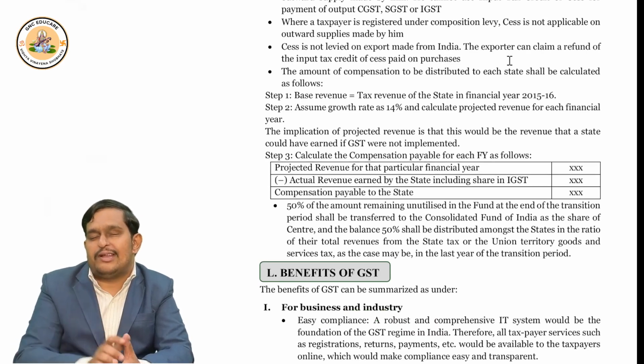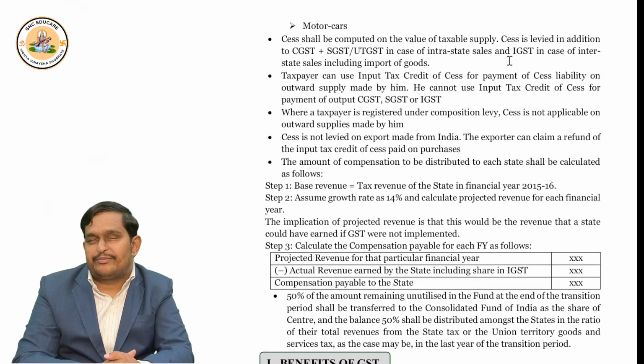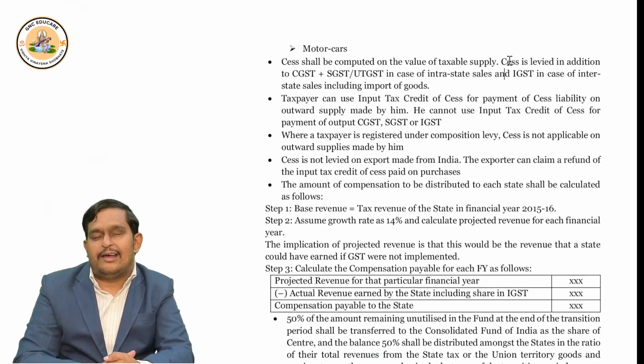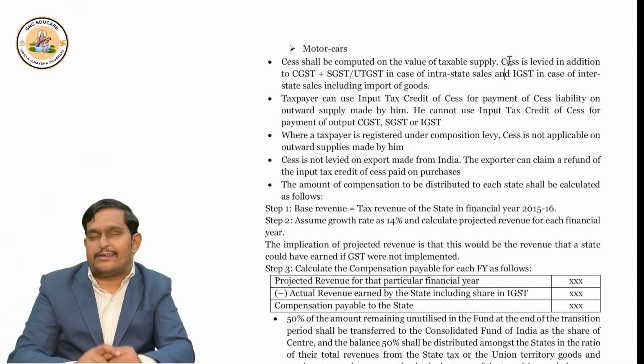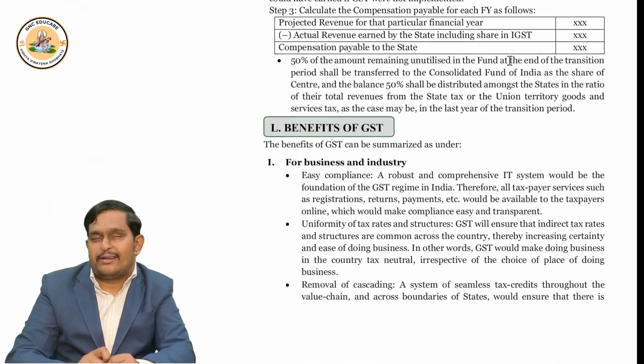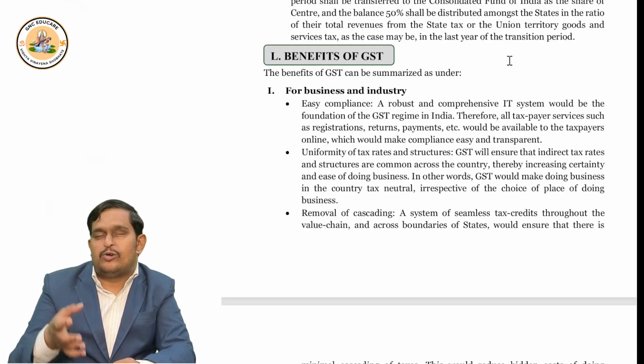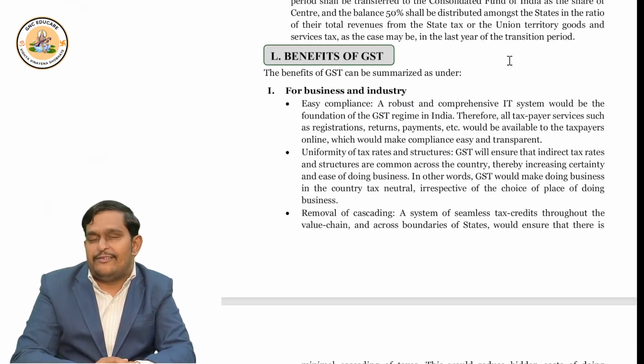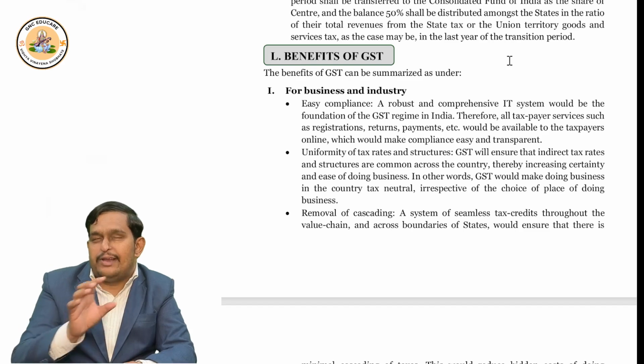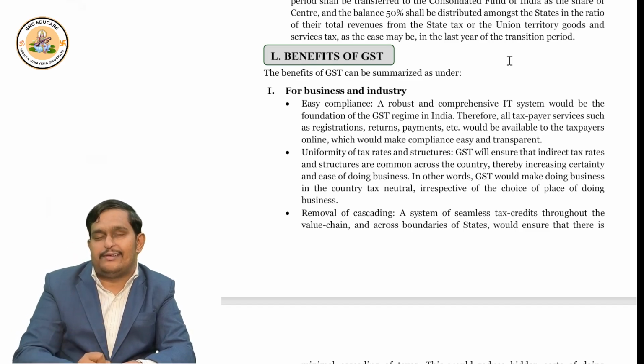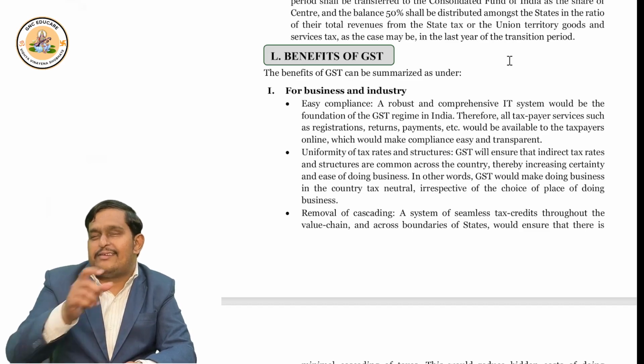Similarly, government also has advantage. Why? Because earlier there were hundreds of taxes, hundreds of departments. So government has to control. Very difficult. But now, one nation, one tax. So administrative costs have decreased. Administration efficiency has increased.